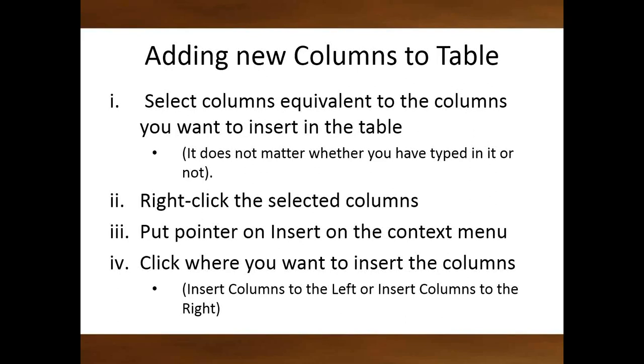Right-click the selected columns. 3. Put pointer on insert on the context menu that appears. 4. Click where you want to insert the columns. That is either to insert columns to the left or insert columns to the right.